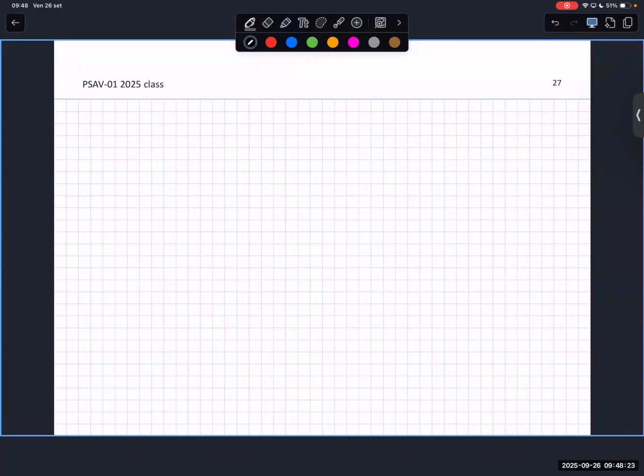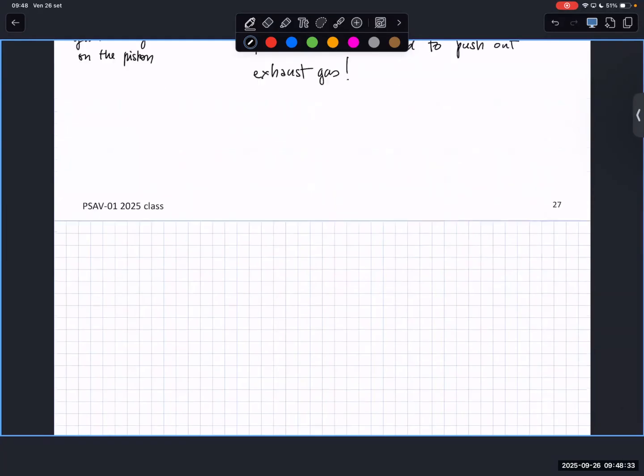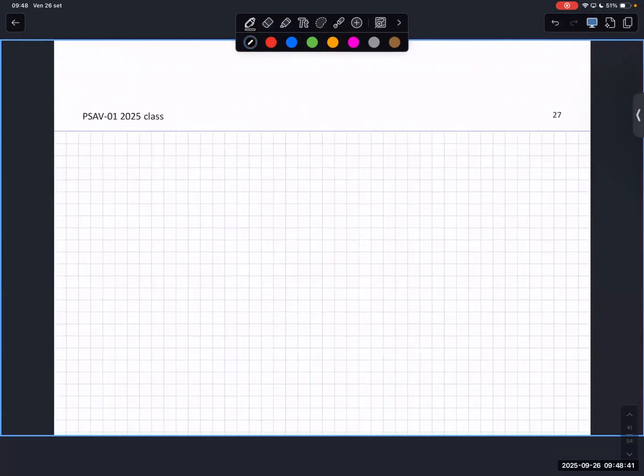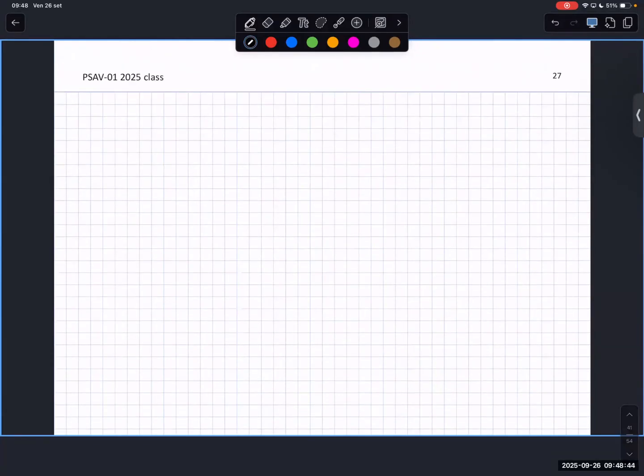Maybe you can have different configurations in the engines, but let's stress something on what we were describing here. When the piston is going down, consider the passage between expansion and blowdown. You have grooves or ports on both parts.